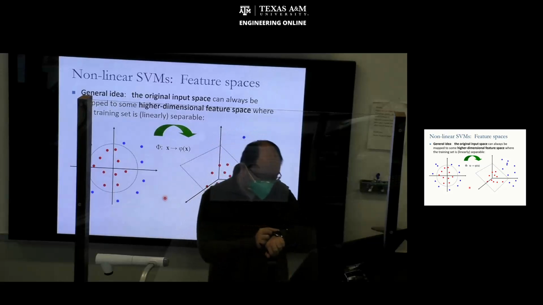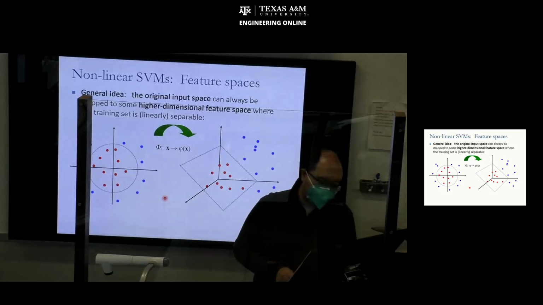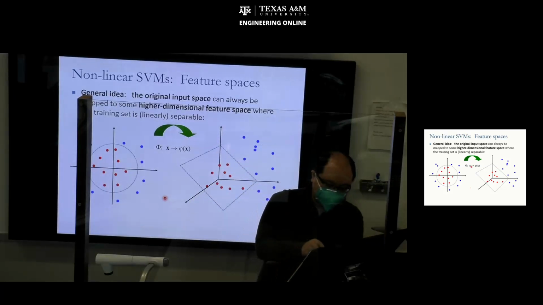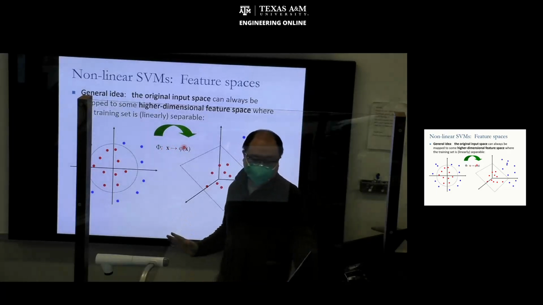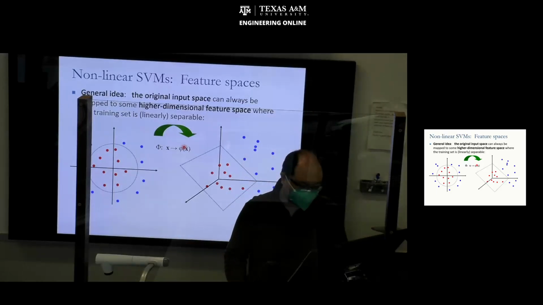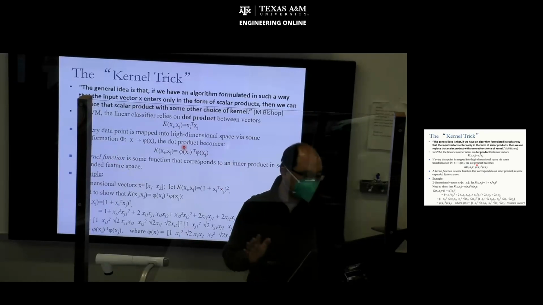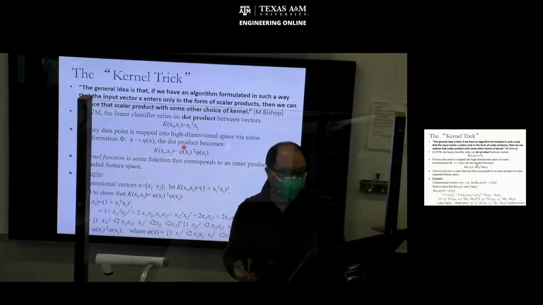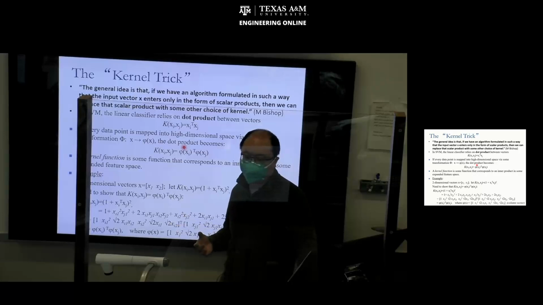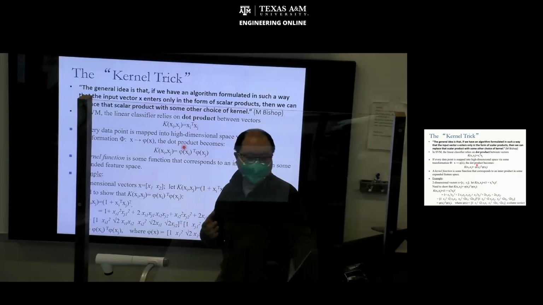In this case, the general idea is that we map the original x to a higher dimensional phi of x. Then how do we do that? Well, you have different choices. This is the so-called kernel trick. Remember, in the optimization formulation and in the optimal solution, all we needed was the kernels.